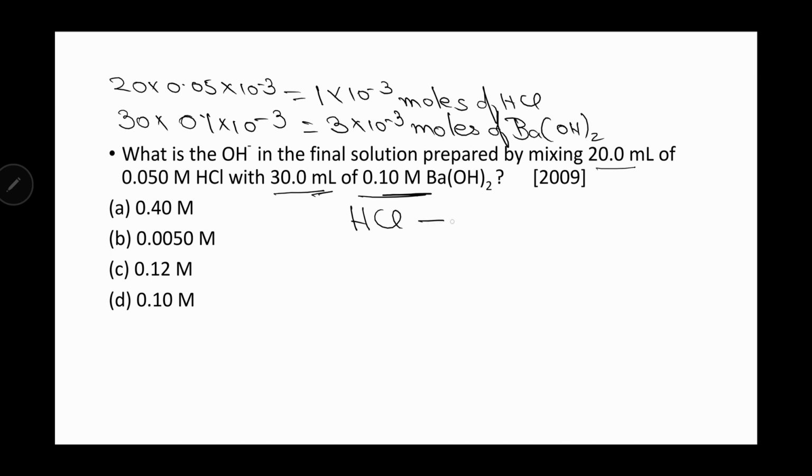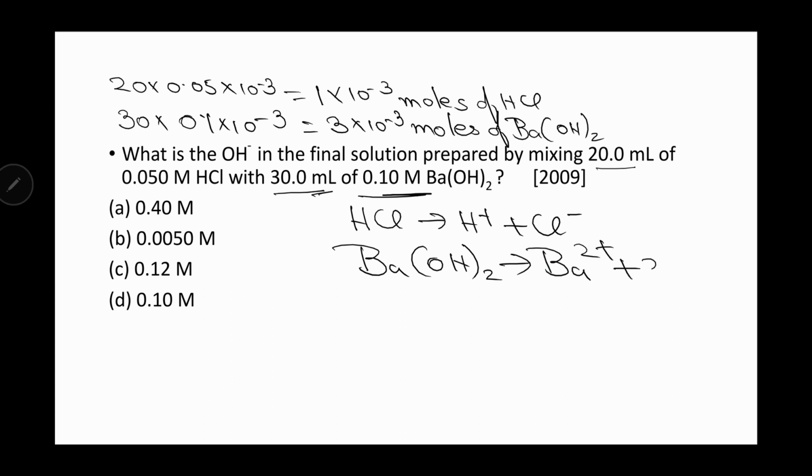HCl is made up of H plus and Cl minus ions, and Ba(OH)2 is made up of Ba2 plus and 2 OH minus. In the case of Ba(OH)2, 3 into 10 to the power minus 3 moles will have twice the amount of hydroxyl ions. Why? Because this 2 is present here. So we have 6 into 10 to the power minus 3 moles of OH minus.